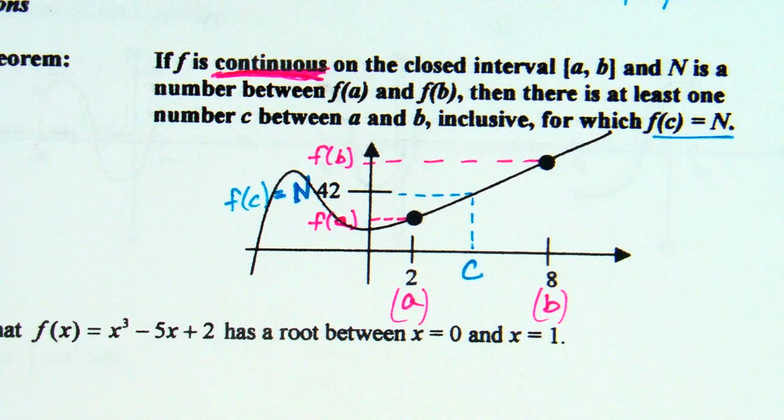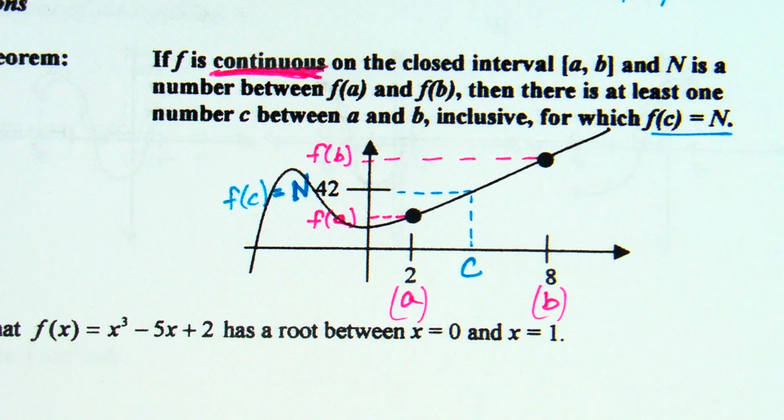Have I made it make sense yet? I mean, that's kind of what my drawing says. I've got these x values, I've got the y values they equal. So there's some value between the x values that equals some value between the y values. That is guaranteed to happen as long as we know this function is continuous on this interval. Okay? So that's the idea of the intermediate value theorem.